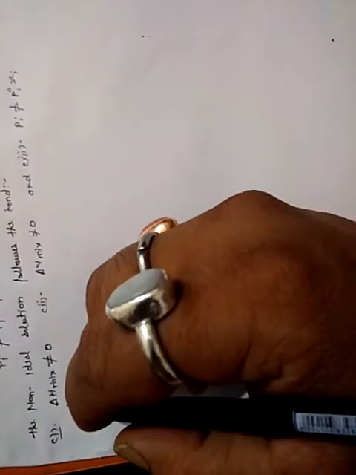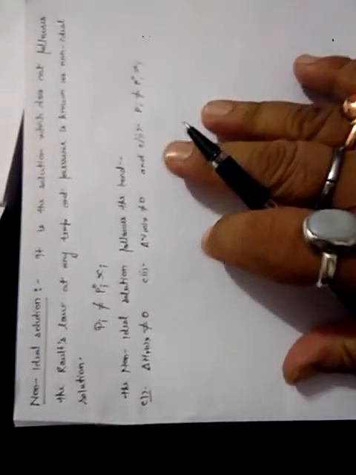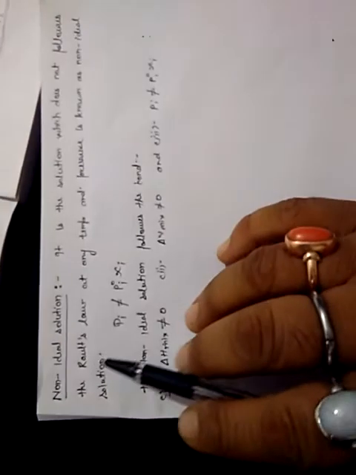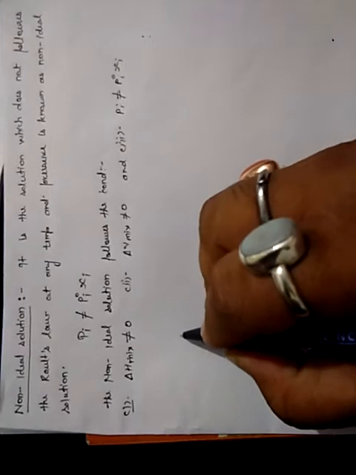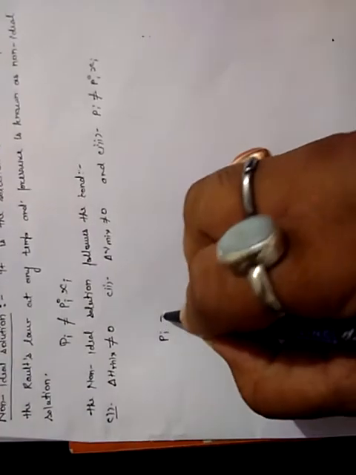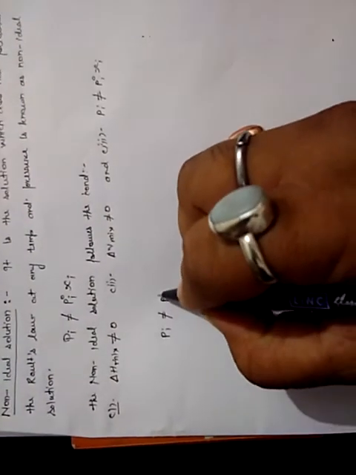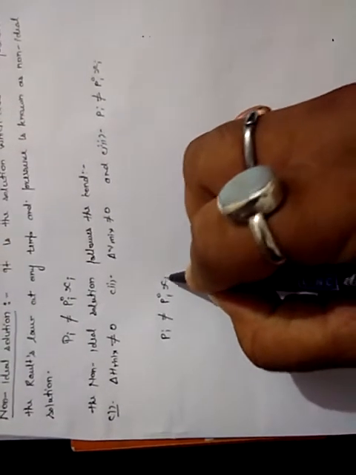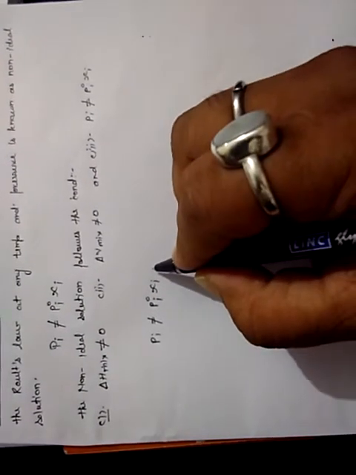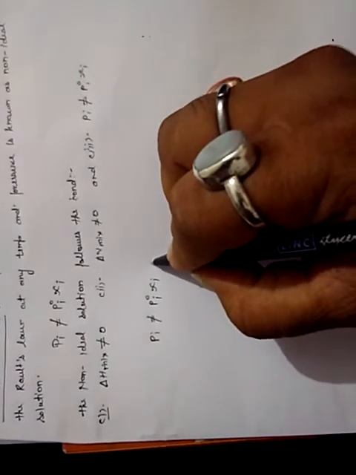We do not discuss examples here because a non-ideal solution is further classified into two types depending upon its behavior with respect to Raoult's law. The partial pressure of any component is not equal to the product of the pure vapor pressure of that component and its mole fraction in the solution.